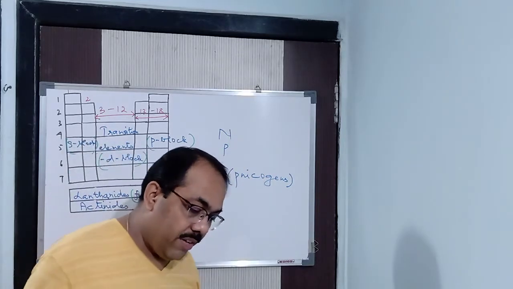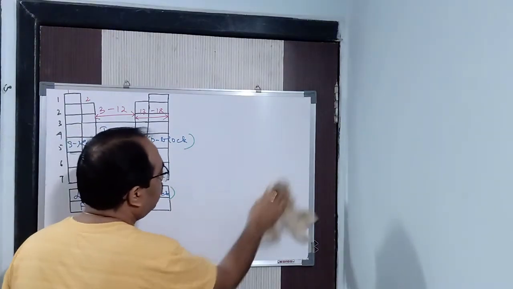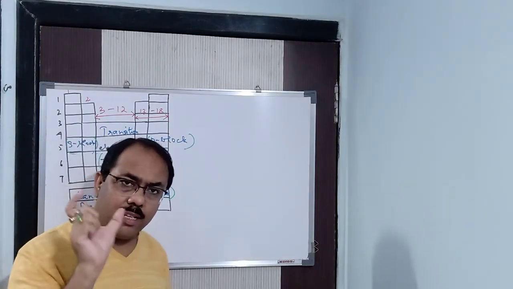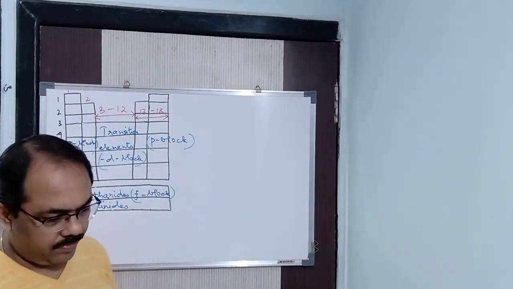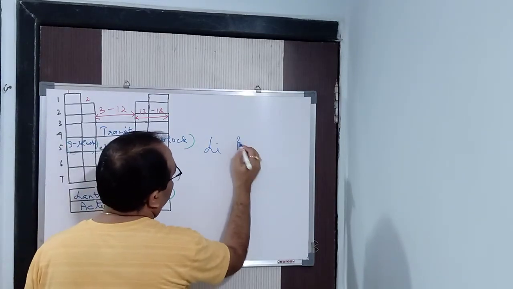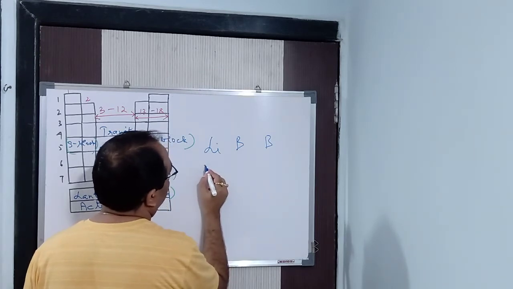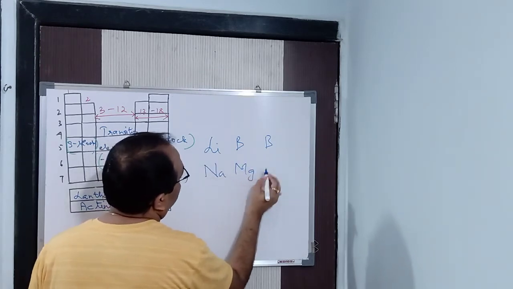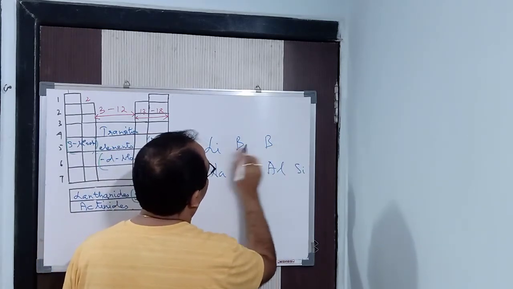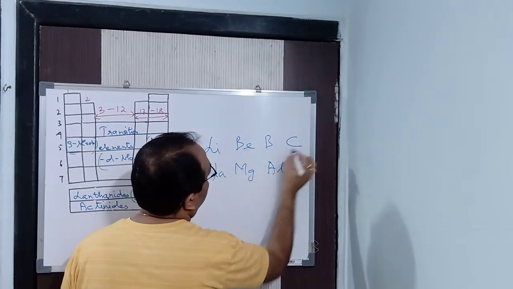Clear? Now next, one more thing, that is bridge elements or diagonal relationship. There are certain elements of period 2 and 3 when diagonally placed, like lithium, beryllium, boron, and sodium, magnesium, aluminium, silicon.